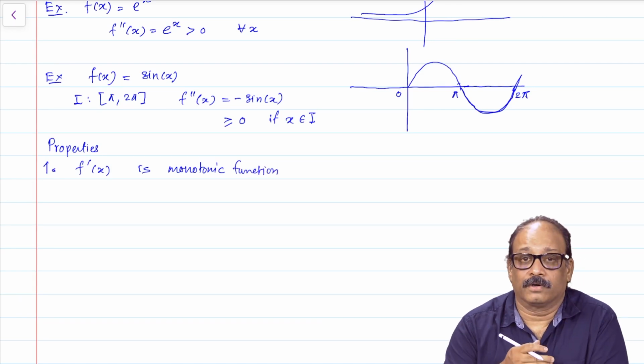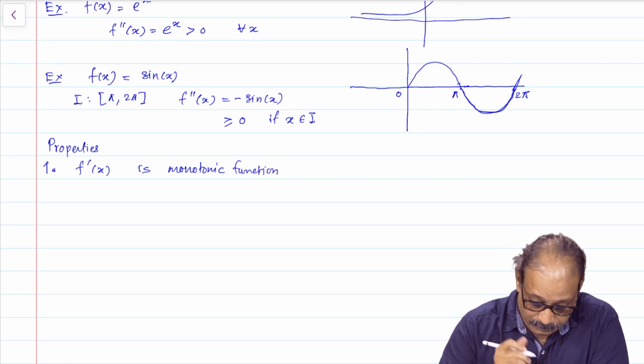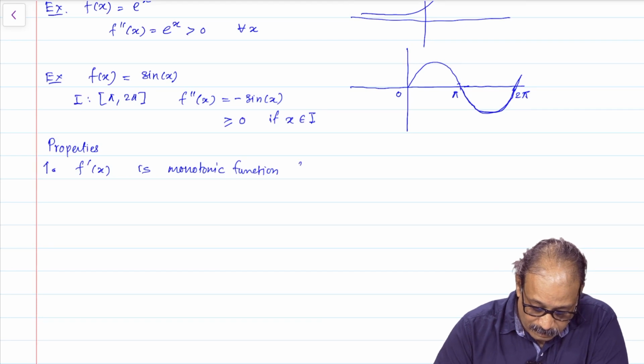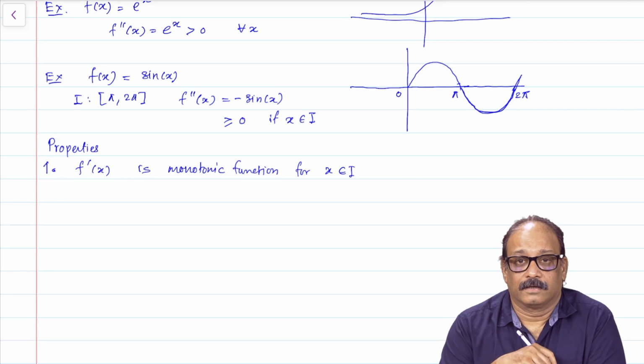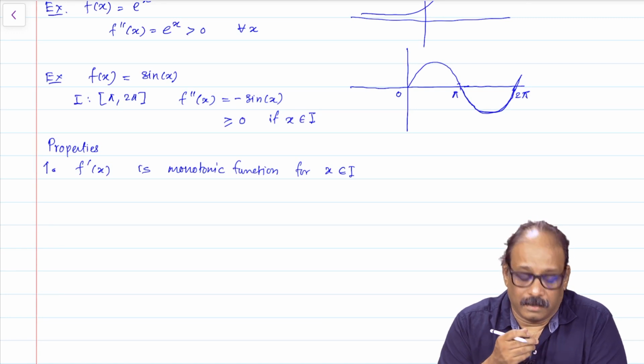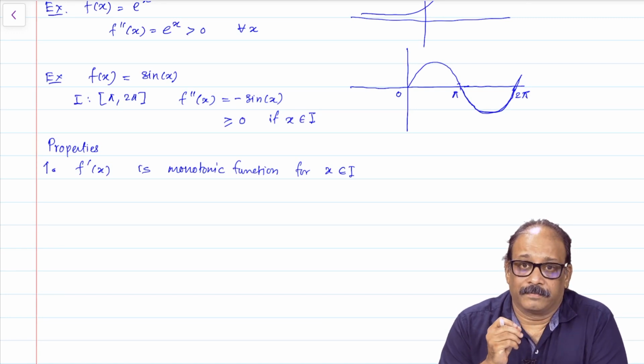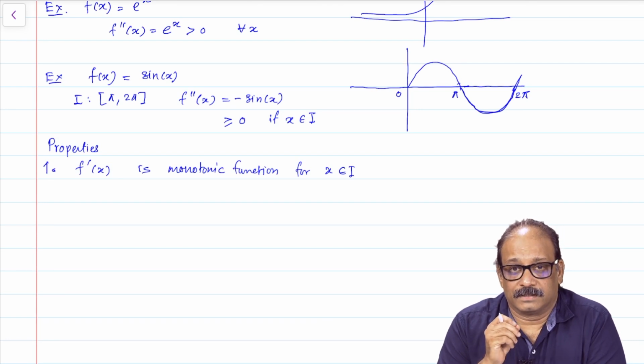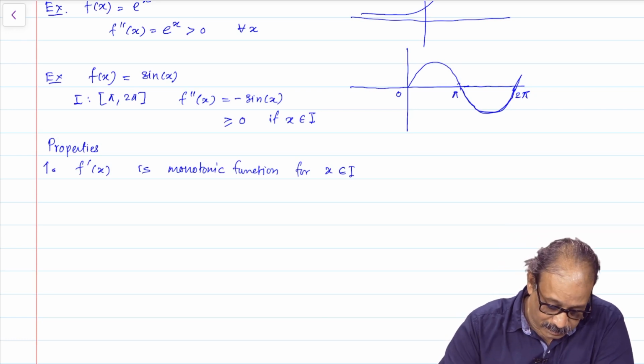In fact, monotonically increasing function for x in I. Okay. That is one property. The second property is, that property can you see very easily, because f double prime is always greater than 0. That means, change in f prime is always increasing change. Okay. So, this is very easy to see.